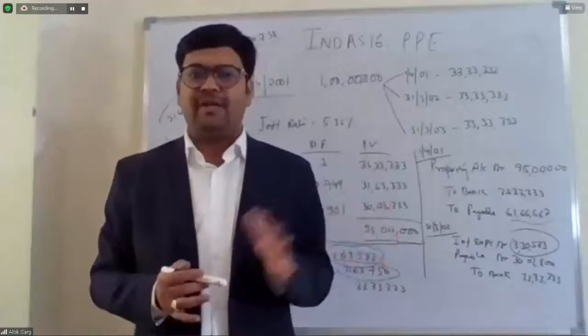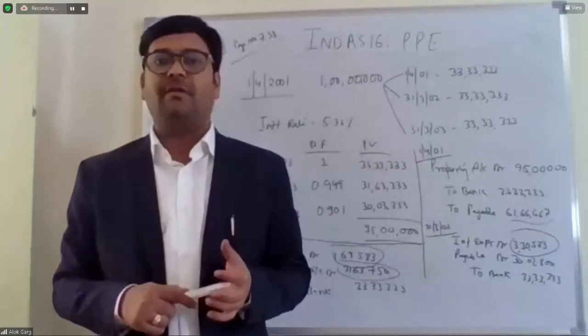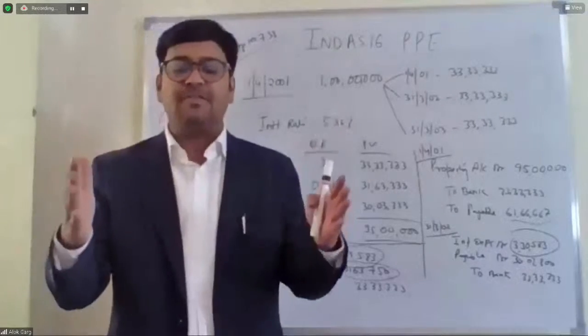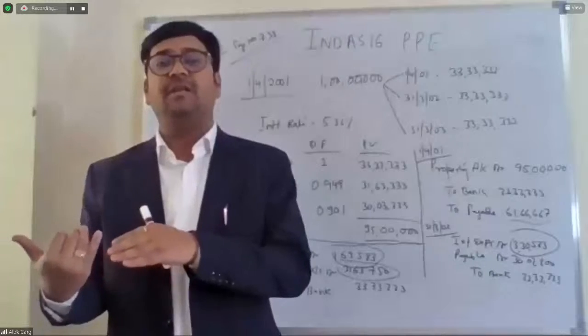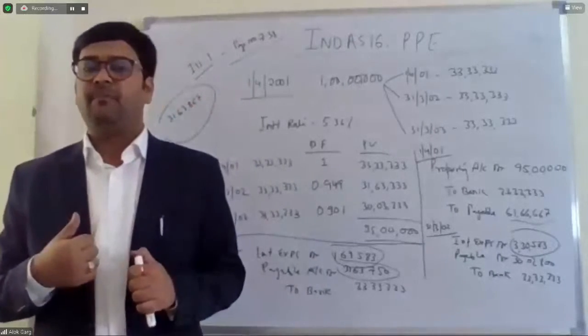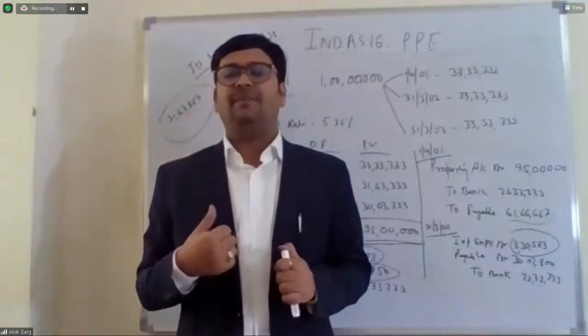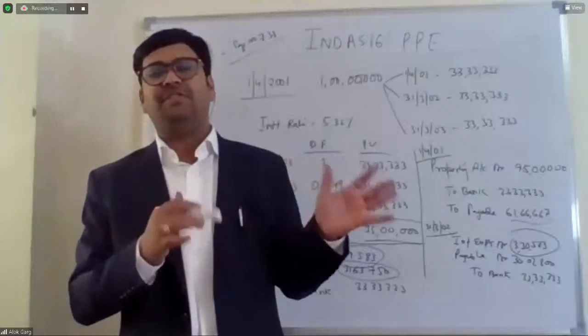Then we discussed PPE is required to be recognized when the future economic benefit is probable and cost can be measured reliably. Okay. The same concept applies for initial cost as well as subsequent cost, which is major inspection, overhauls, and major replacement. Okay. Then we discussed the measurement at cost. PPE is required to be initially measured at cost.